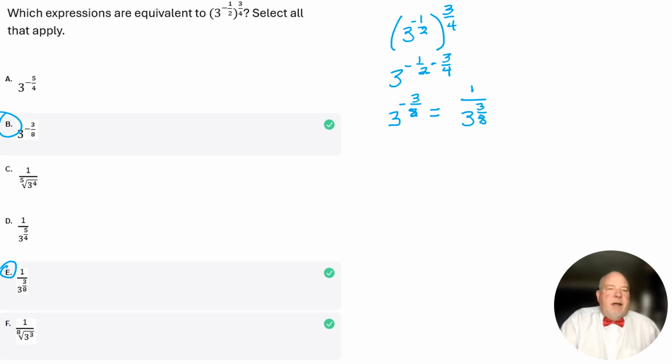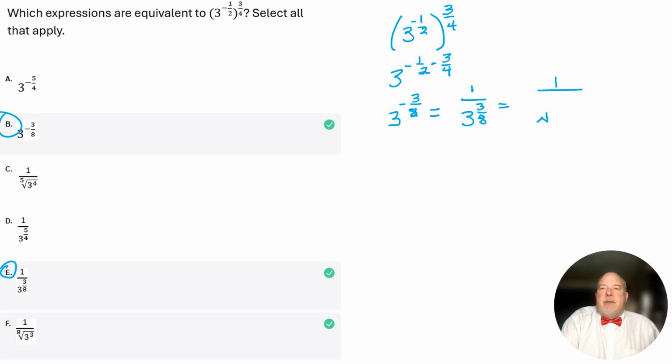And then the other thing, when I look at F, this kind of reminds me of that, C and F. 3 to the 3/8 can be rewritten. So the 3 is an exponent of 3. The 8, the denominator there, that's talking about the 8th root.